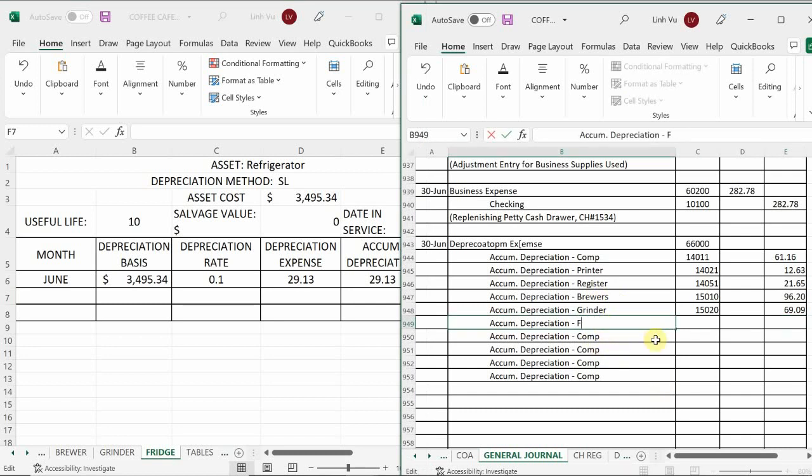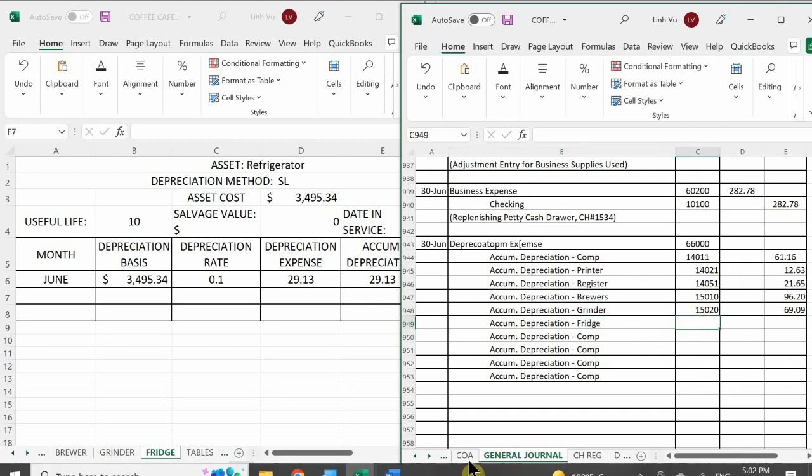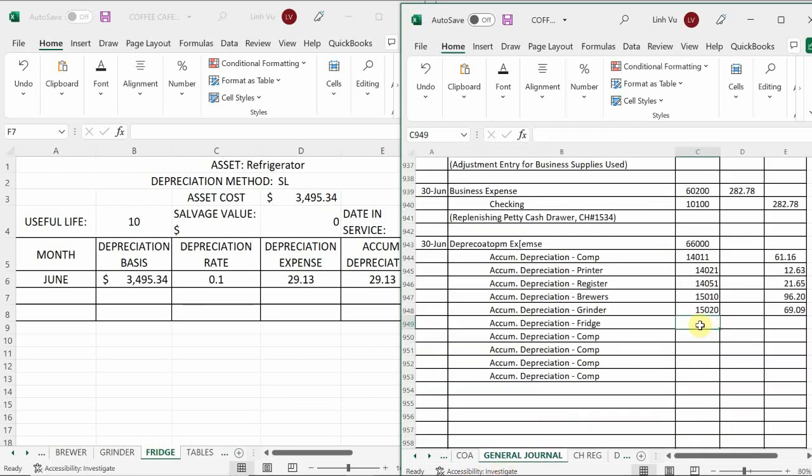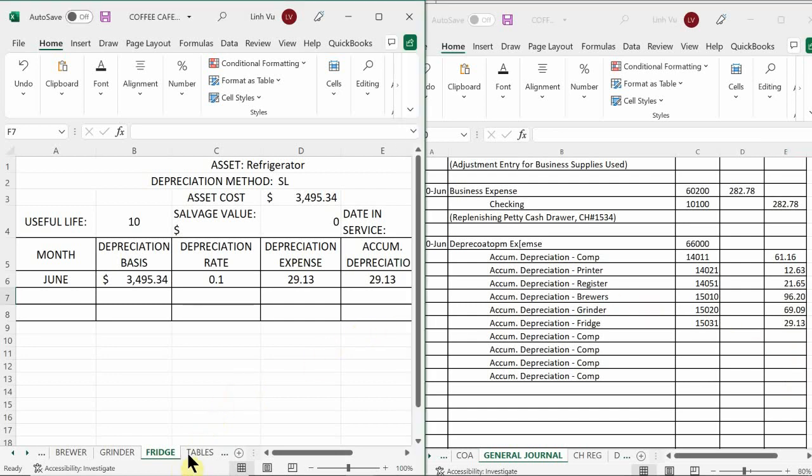So accumulated depreciation for the fridge is going to be account number 15031, for a grand total of $29.13. Let's see what's next on my list.